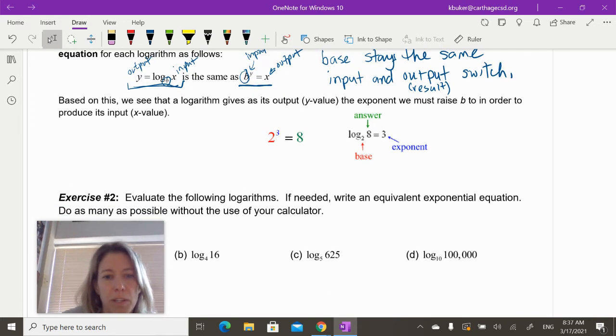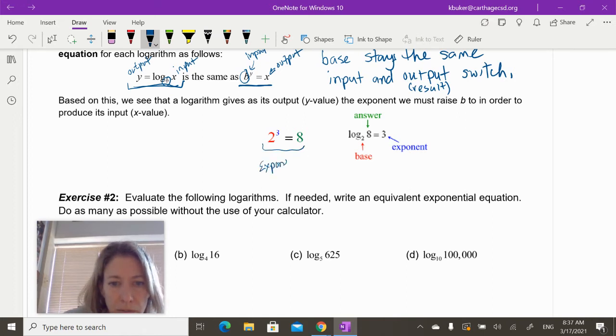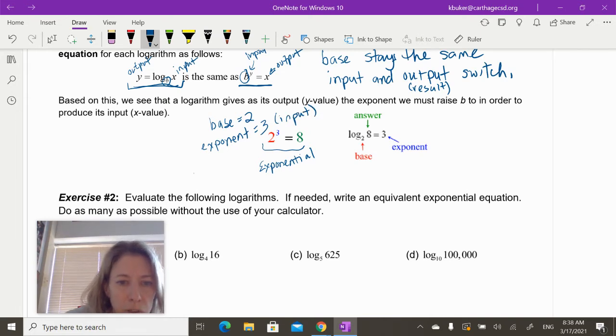So here we see this is our exponential, obviously, because we have an exponent. Our base is 2, our exponent is 3, and that's our input. And our output, or our result, equals 8.